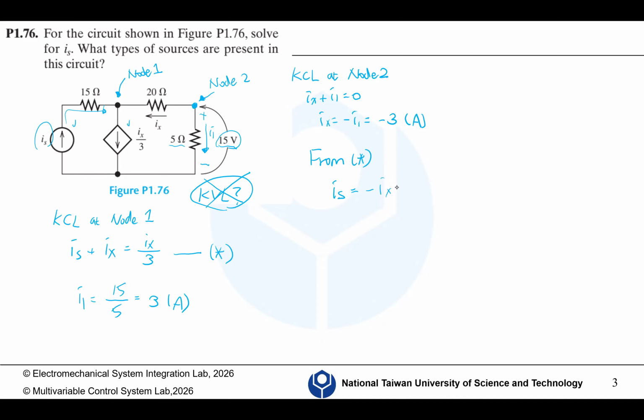So we have 0.25 times 2 I2 equals I2 minus I1. So we have 0.5 I2 equals I2 minus I1, so I1 equals 0.5 I2, which means I2 is 2 I1.